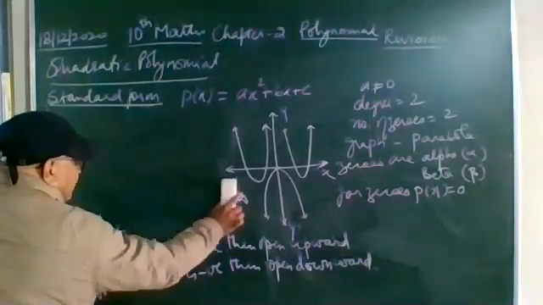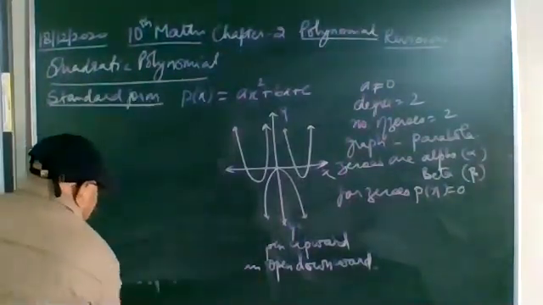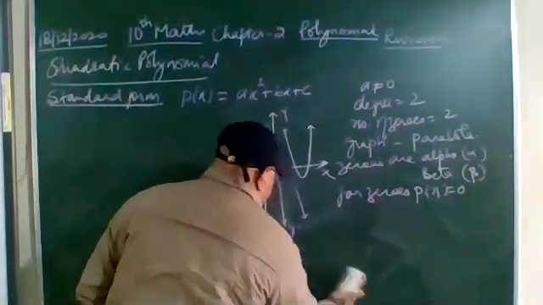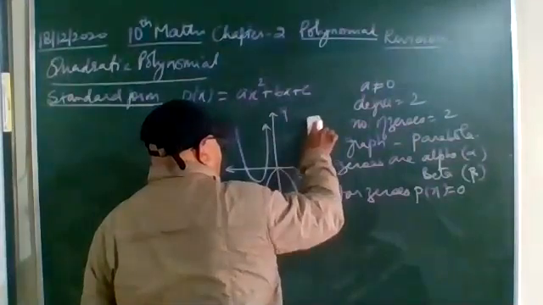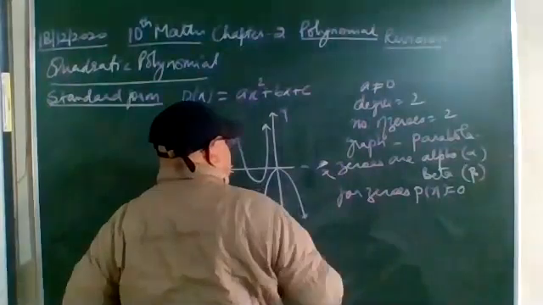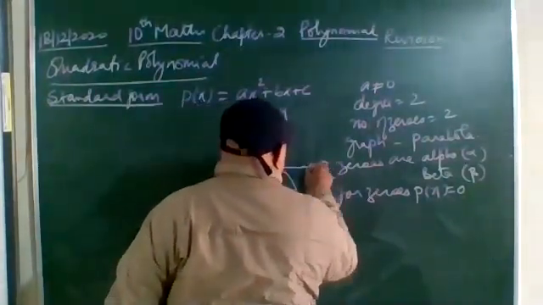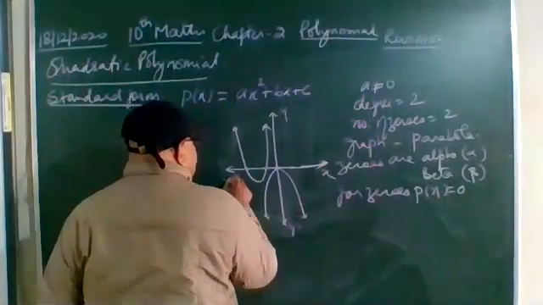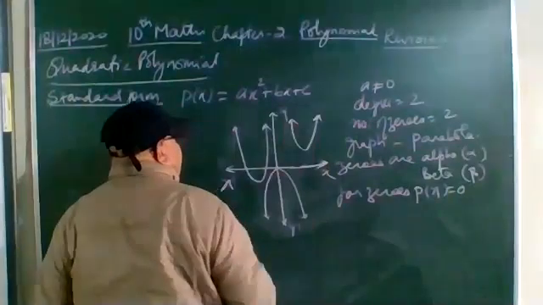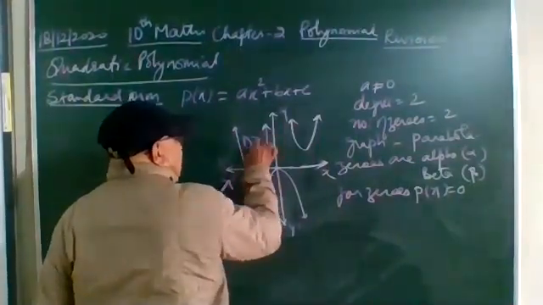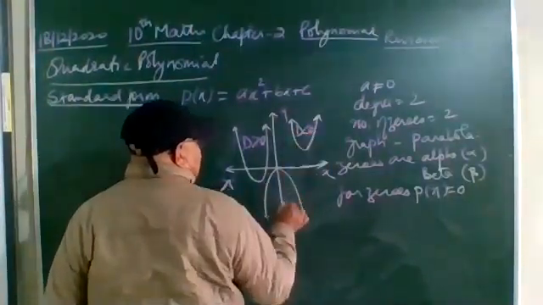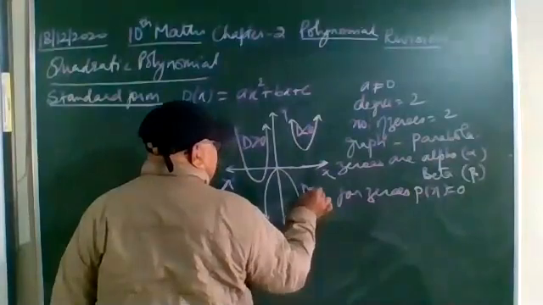Now one more thing you will be studying here, that is D. D is the discriminant value. Here, on x dash, if I say this is a parabola, in this D is greater than 0. Here D is less than 0. Here D is equal to 0.